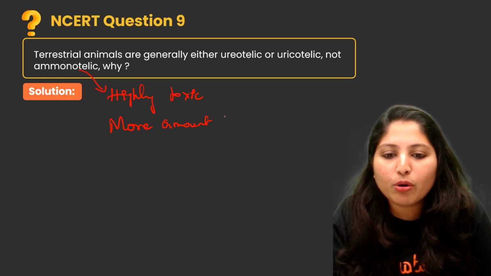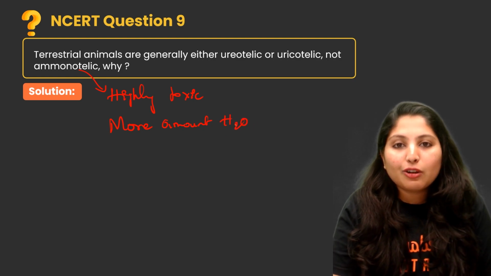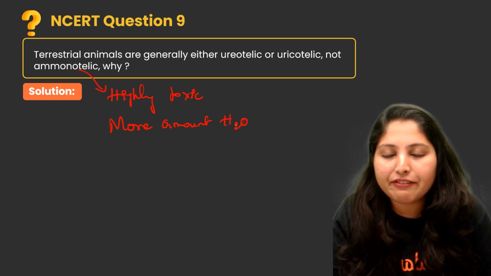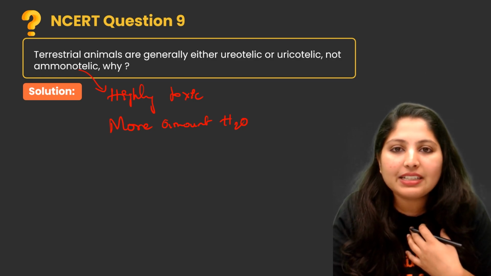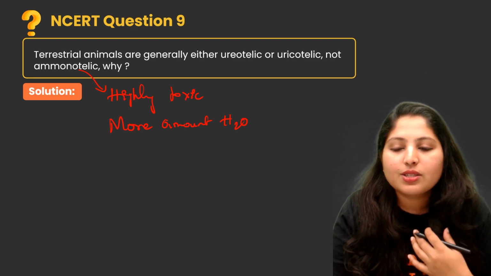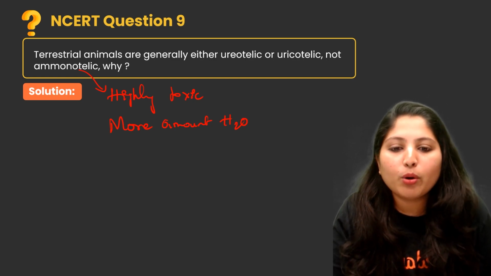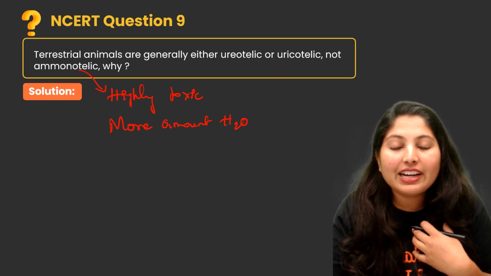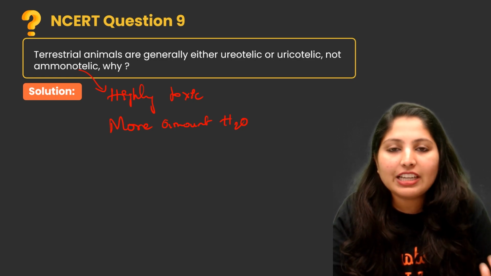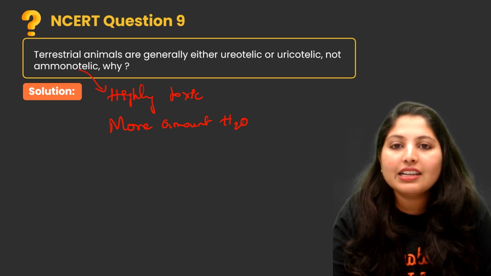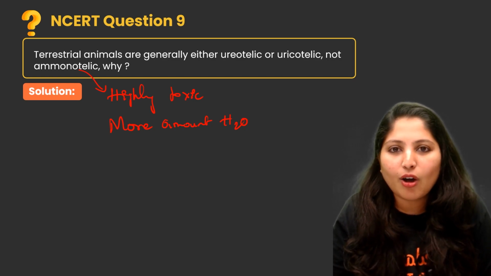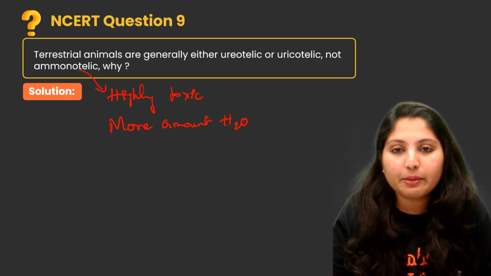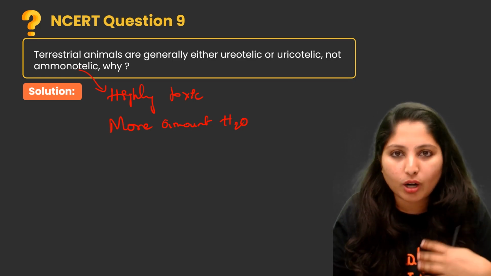So a highly toxic substance we can't keep in our body itself, and it also requires more water, but we need to conserve water. We can't take more and more water on a regular basis. Continuously we can't take water.